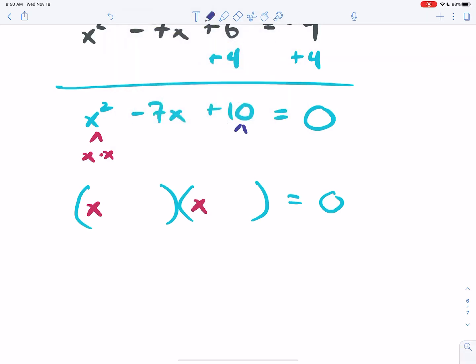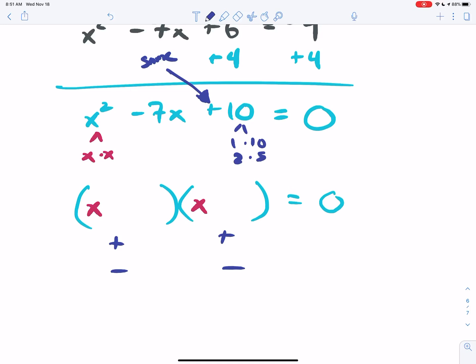The factors of 10 are 1 and 10 or 2 and 5. Now in order to get some type of 7, obviously we're going to use some version of 2 and 5. Okay? Now remember, when your constant is positive, that means you're going to have the same signs. It's either going to be plus, plus, or minus, minus. Okay? We're going to have the same signs.